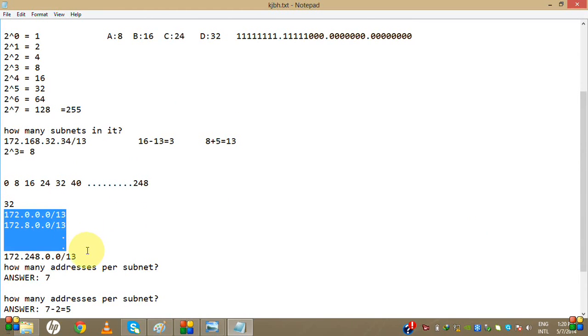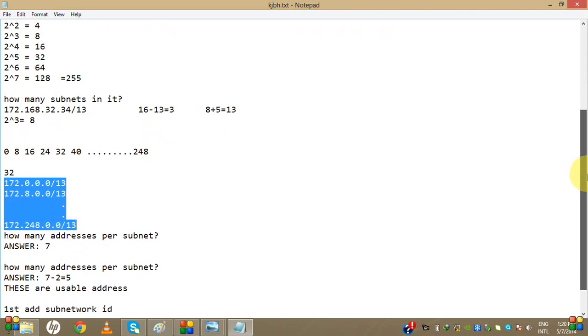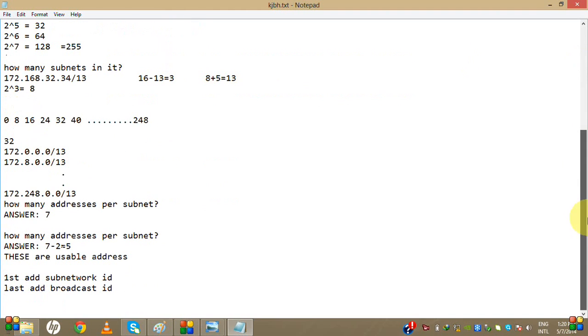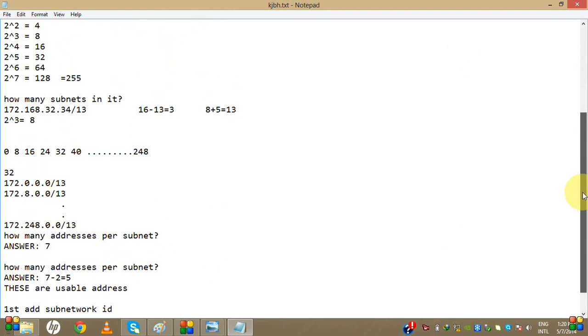You will see that these are 32 subnetwork IDs, and each ID can be used for each one branch. And now the second question is how many addresses per subnet. You can see how many addresses per subnet.